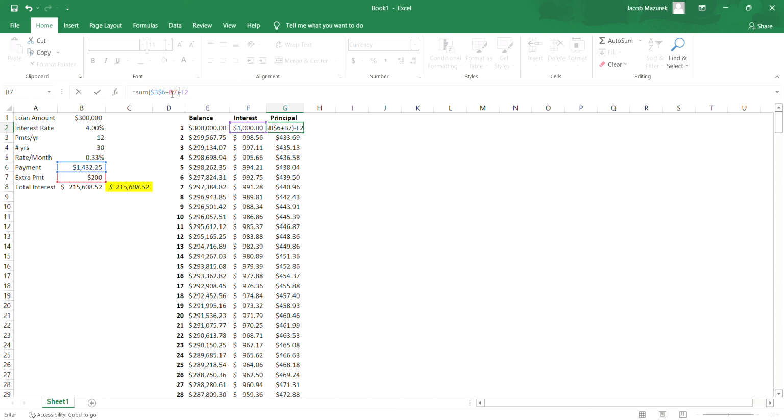Oh, and we want the dollar signs, or this will move as we move the formula down. So we want this plus this, so 1632.25 minus this 1,000. Let's see what that does.